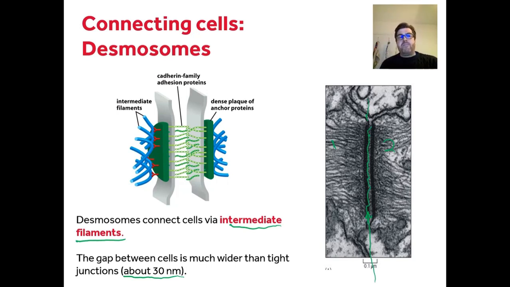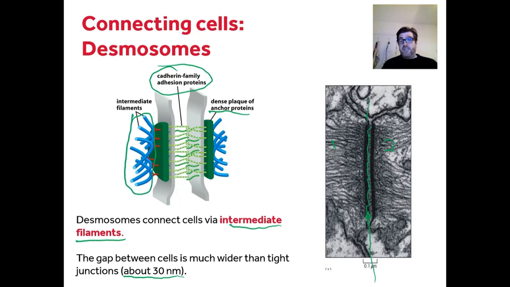and in that gap, that's where we have those cadherin adhesion type proteins, and they're anchored to a dense plaque of anchor proteins, and those anchor proteins themselves are then connected by connector proteins to the intermediate filaments.